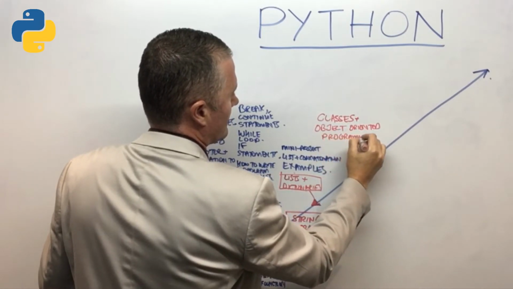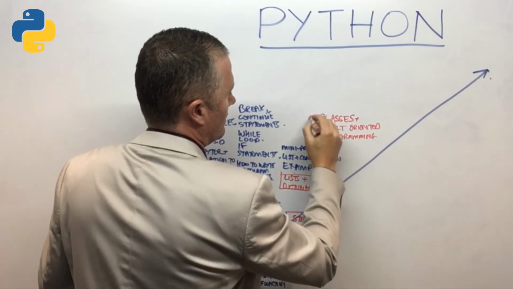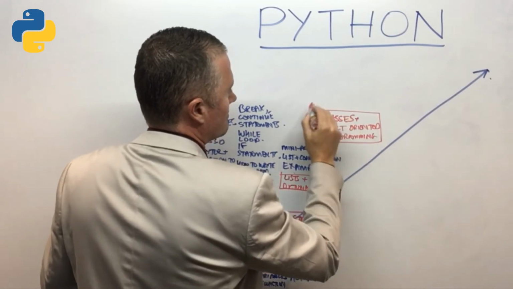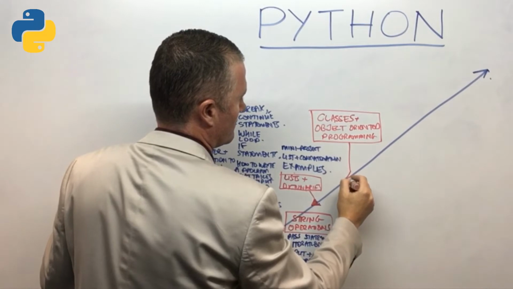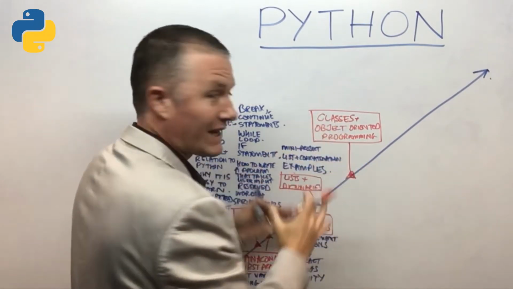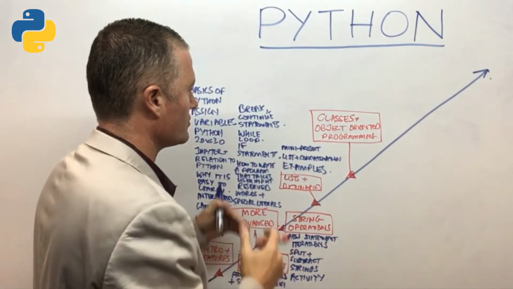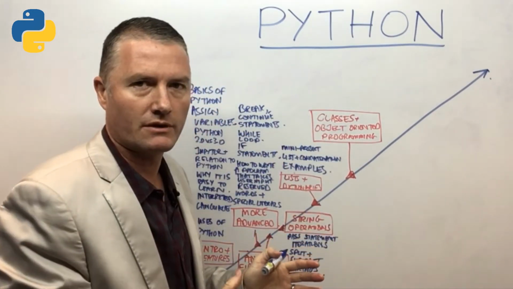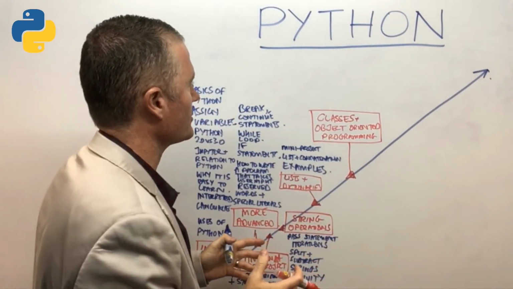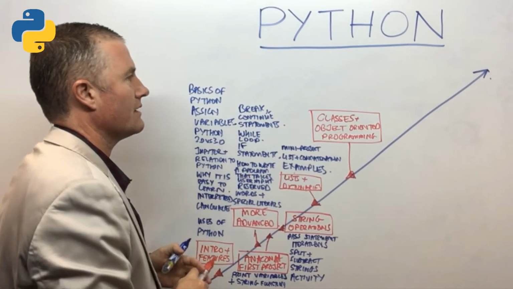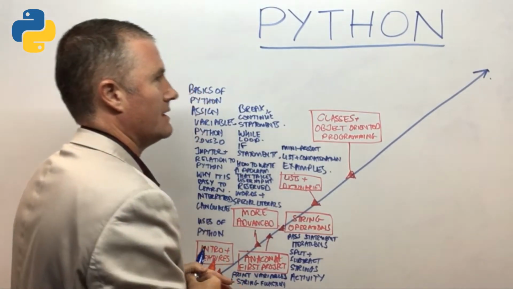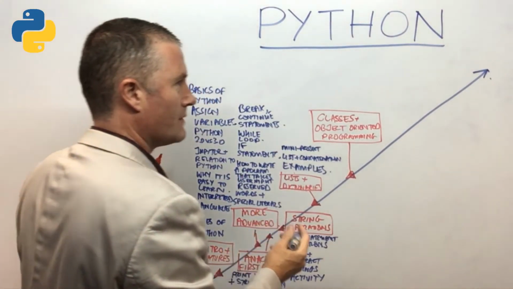This is really getting into the nuts and bolts of bringing it all together and starting to create and structure a software architecture. So, classes and object-oriented programming, let's go through what you're going to learn in there.